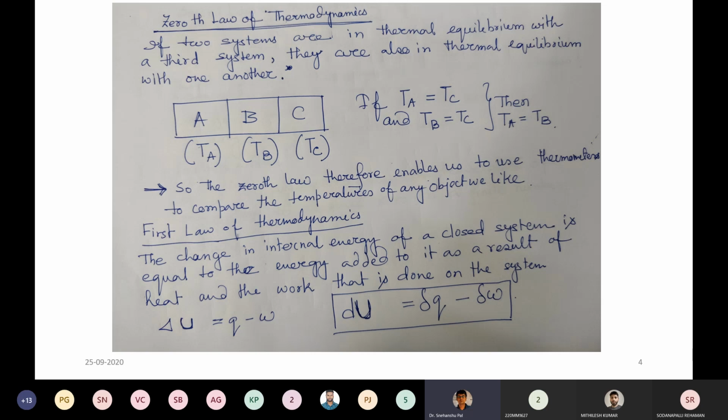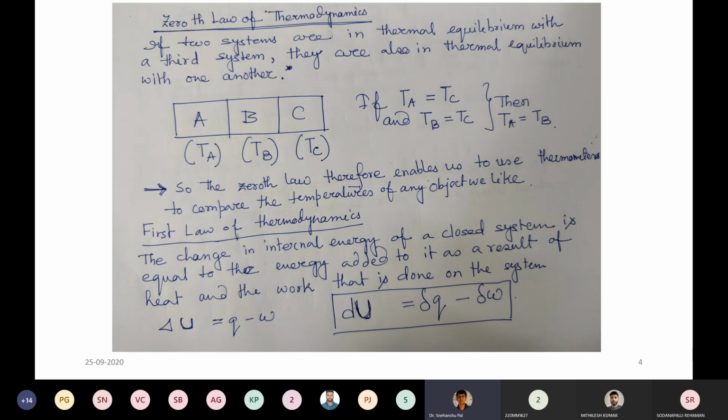What it tells us is that if two systems are in thermal equilibrium with a third system, suppose system A is in thermal equilibrium with C and B is in thermal equilibrium with C, then they are also in thermal equilibrium with one another. Means A and B are both in thermal equilibrium.